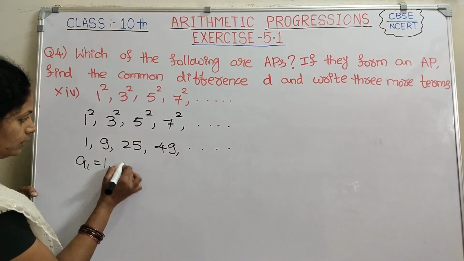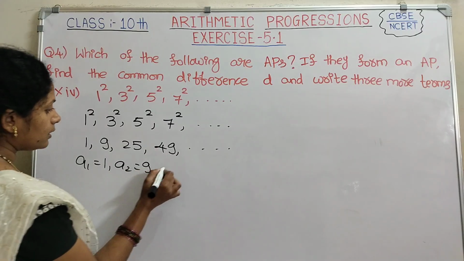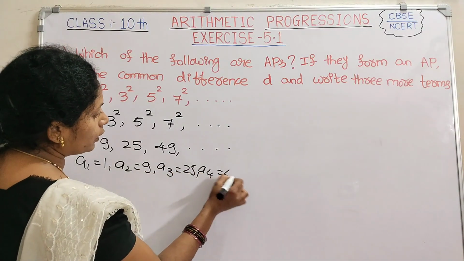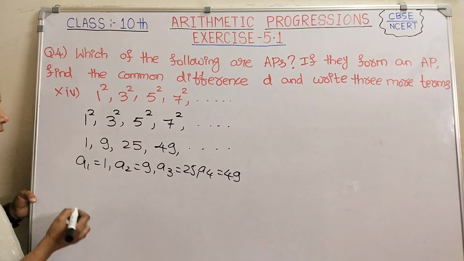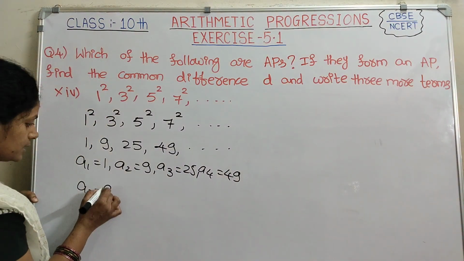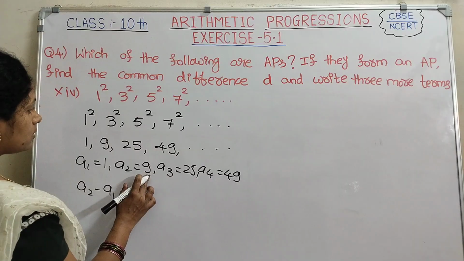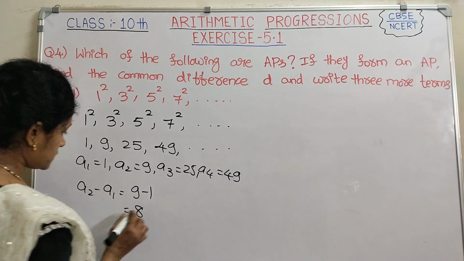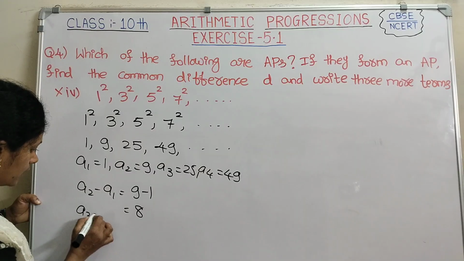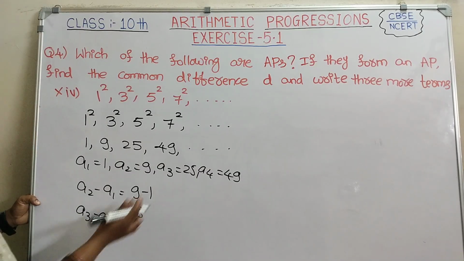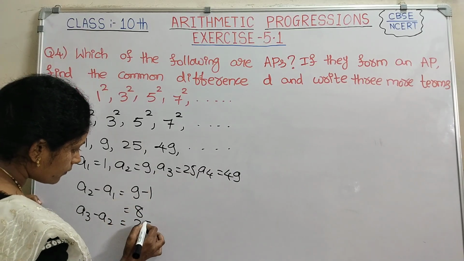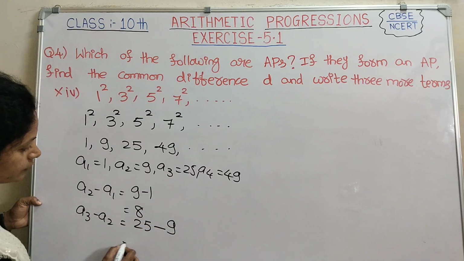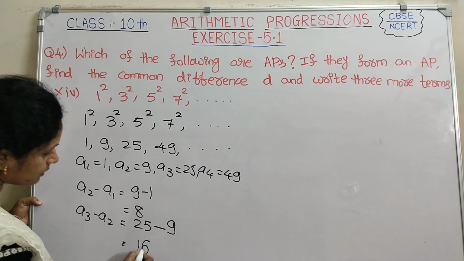A1 is equal to 1, A2 is 9, A3 is 25 and A4 is 49. Do A2 minus A1. A2 is 9 minus 1 is 8. A3 minus A2. A3 is 25 minus A2 is 9. 25 minus 9 is 16.